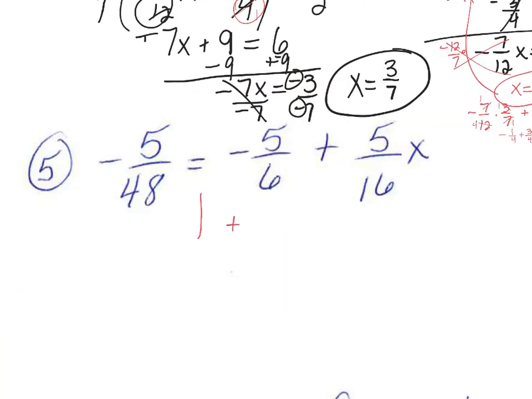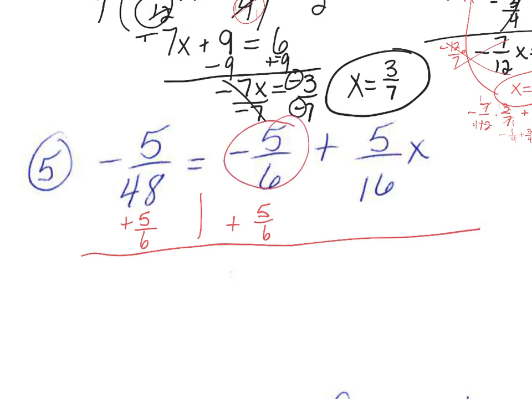We're going to add 5/6. Adding 5/6 to both sides is the same as subtracting a negative, isn't it? And check it. Do these two cancel? Yep. So this over here is 5/16 x equals, we have to have a common denominator.